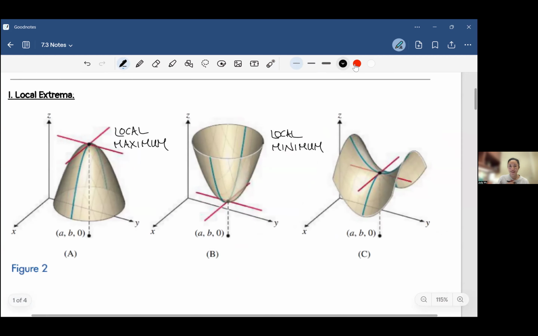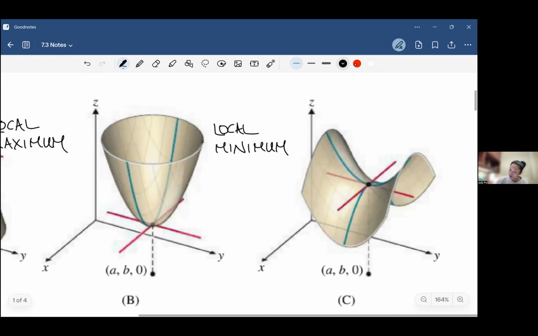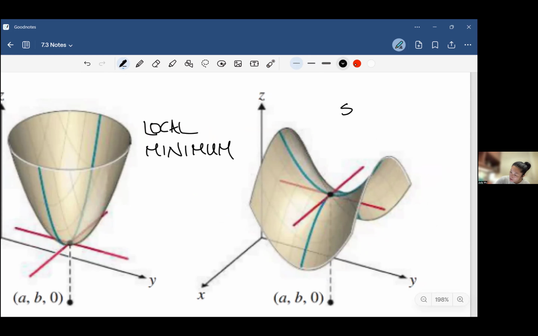And then last but not least, we have something that, if you've ever eaten a Pringles potato chip, might remind you of a Pringles shape. It turns out that when we're in 3 dimensions, we don't just have a local maximum and a local minimum. We also have something called a saddle point.